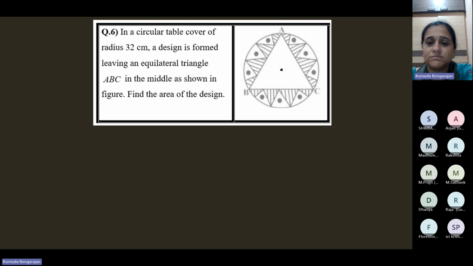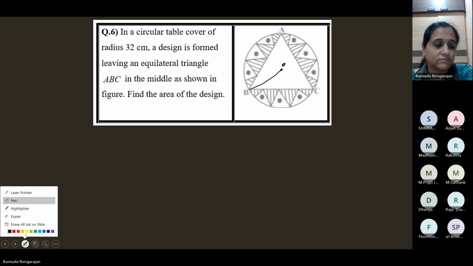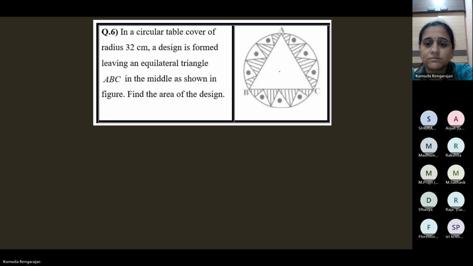At the center O, angle bisector, so 30 degrees. Drop a perpendicular from the center to the chord. That's a construction; in 9th standard we have seen this. So this is 90 degrees because that's a construction.